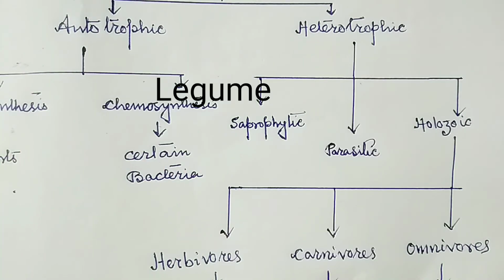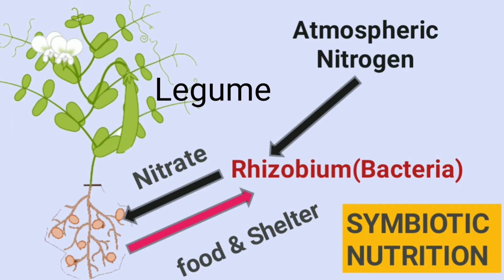The most well-known example of symbiotic nutrition is the legume plants and Rhizobium bacterium. Rhizobium are generally found in the root nodules of leguminous plants, and they can fix atmospheric nitrogen into nitrates. So these bacteria provide nitrates to the plant, and in return the plant provides them shelter.